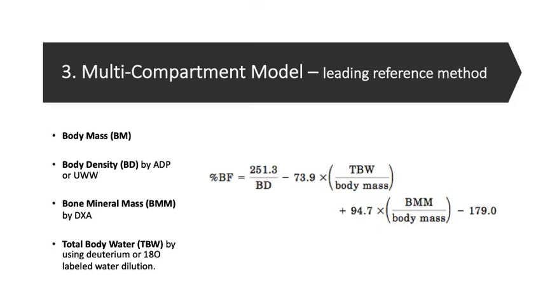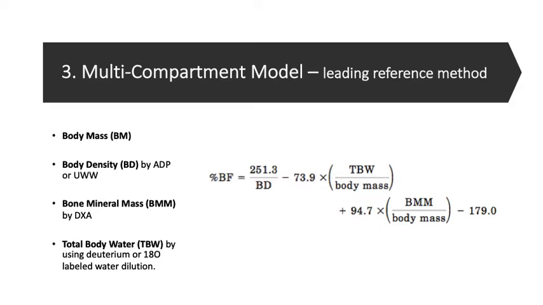The third piece that we need is bone mineral mass, which is only determined by the DEXA, the dual X-ray absorptiometry machine. It's the only machine that can measure bone densitometry. So we have to find out what the individual's bone mineral mass is. The fourth variable that we need is total body water, which is the hardest method to determine.